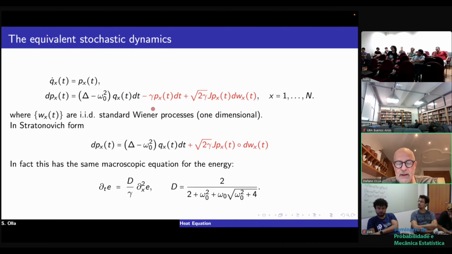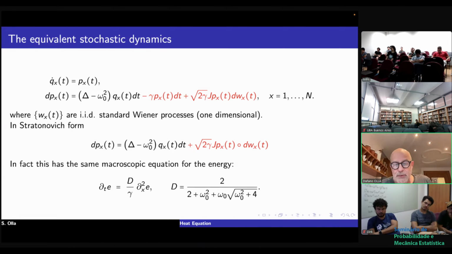So if we just choose the same gamma coming from that variance, we have the same macroscopic equation. So intuitively, what you think is that the microscopic deterministic dynamics should be close to this stochastic dynamics. The stochastic dynamics has this dynamic limit, and so the deterministic one has the same dynamic limit.